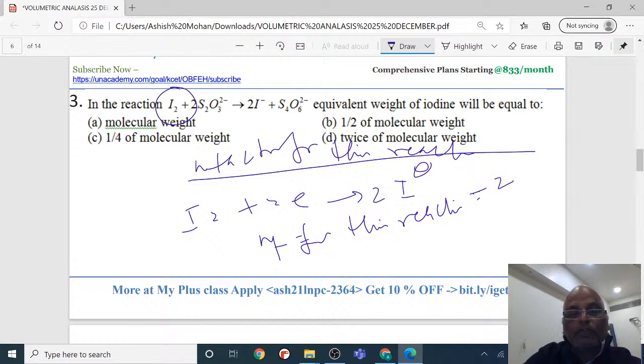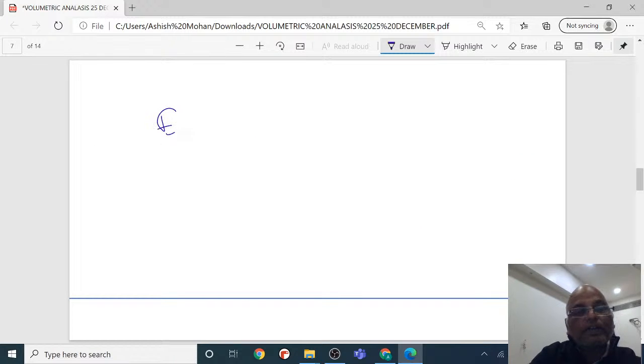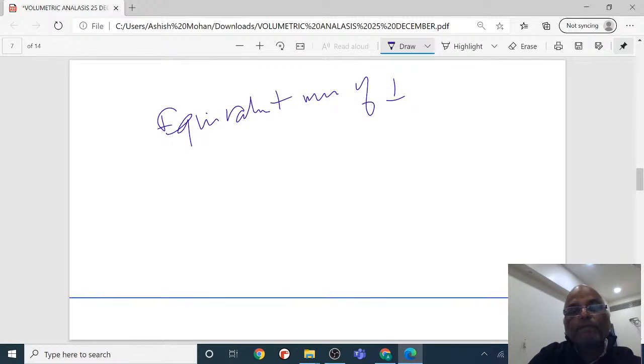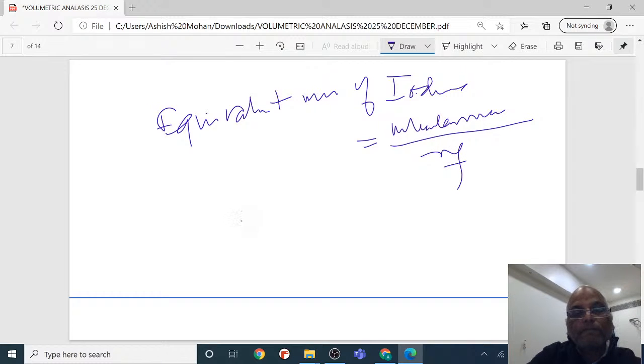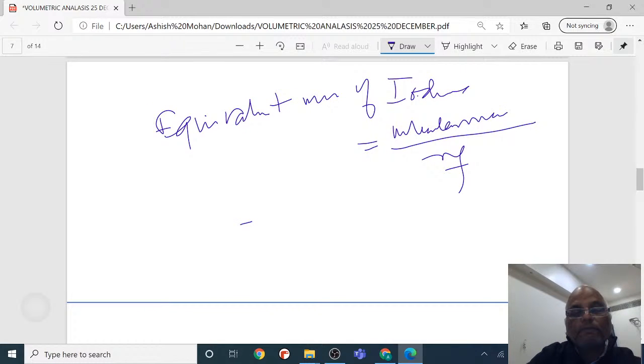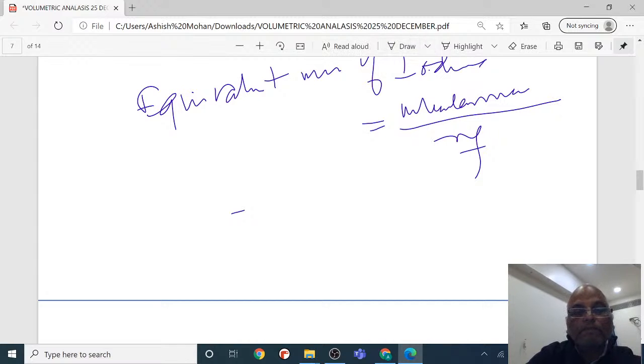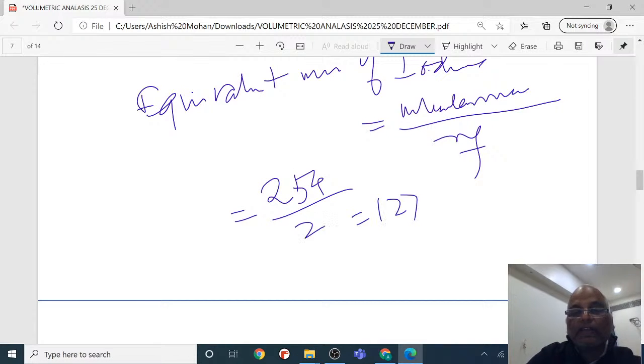So what is asked? Equivalent mass, which is molecular mass divided by n factor: 254 divided by 2, that is 127.